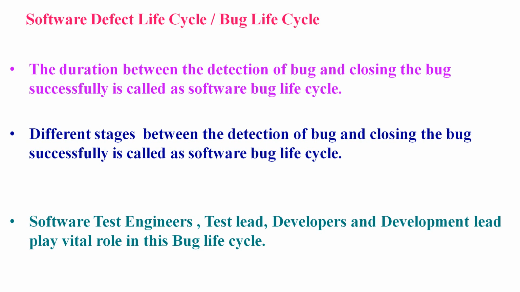Fine. In this defect life cycle or bug life cycle, who will be involved? Software test engineers, test lead, development team and the development lead will be involved in this bug life cycle.